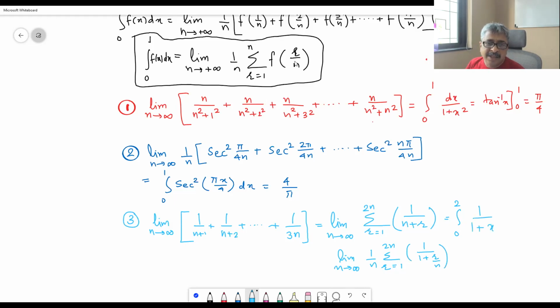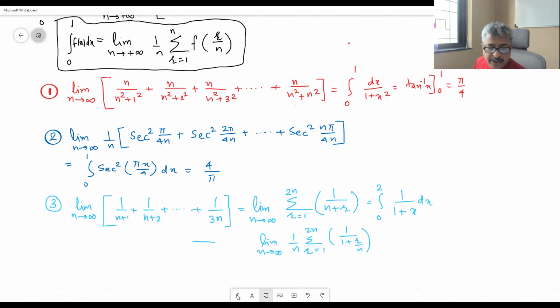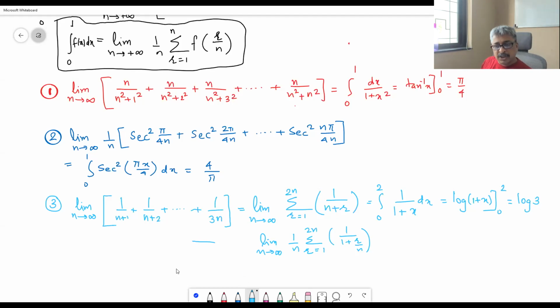Our r by n is x, so we are supposed to solve this integral dx, and it is simple. It is log 1 plus x to be evaluated between 0 to 2. Log 1 is 0 and this is equal to log 3. Hence the answer for third question is log 3.